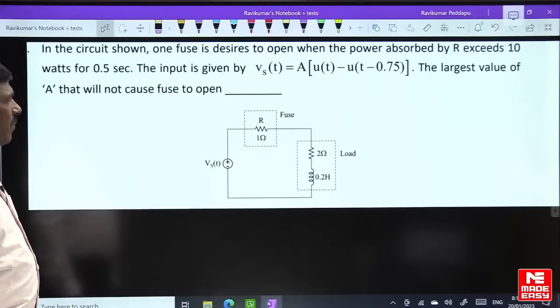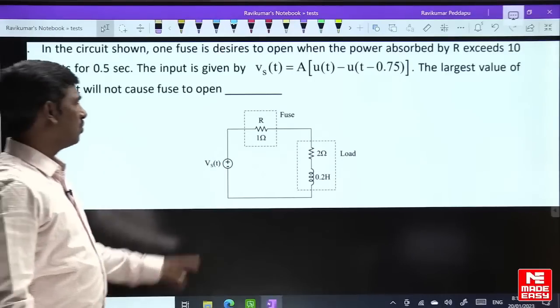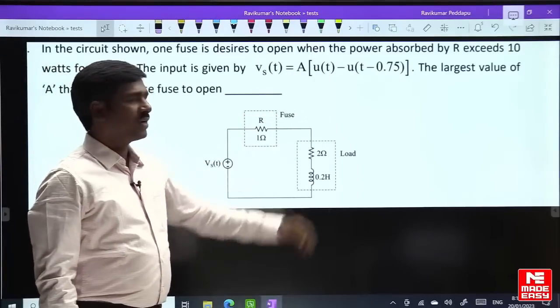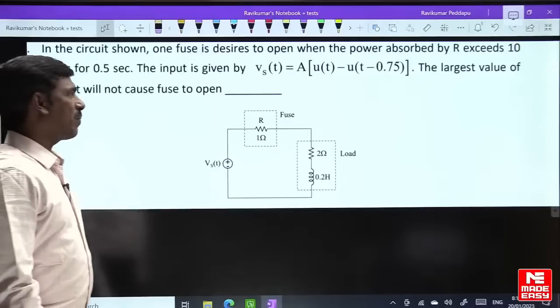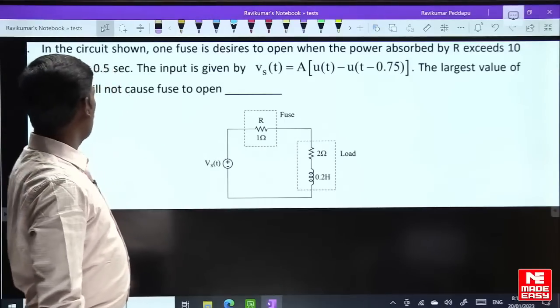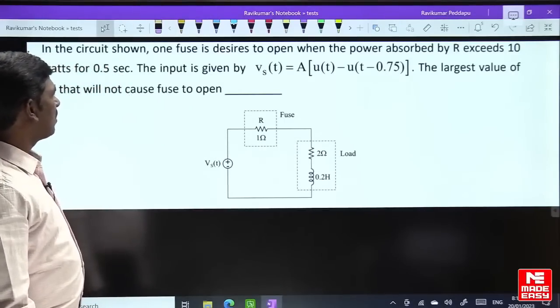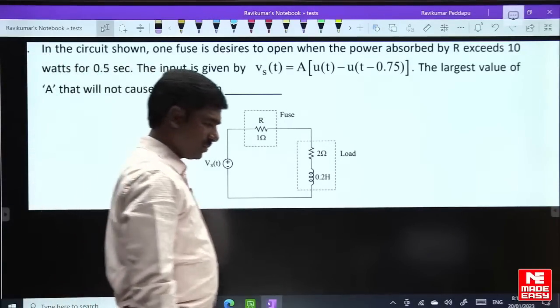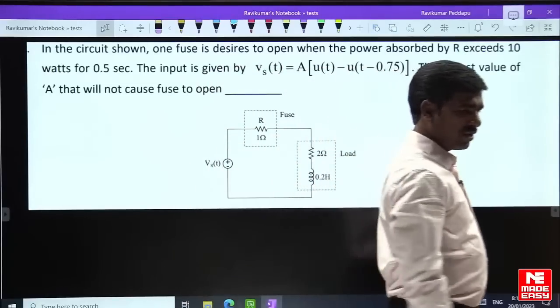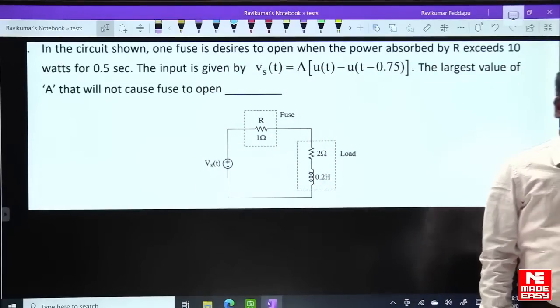The input is given by Vs of t equal to A u of t minus A u of t minus 0.75. The largest value of A that will not cause the fuse to open. So it should not exceed 10 watts. Please give the answer now.